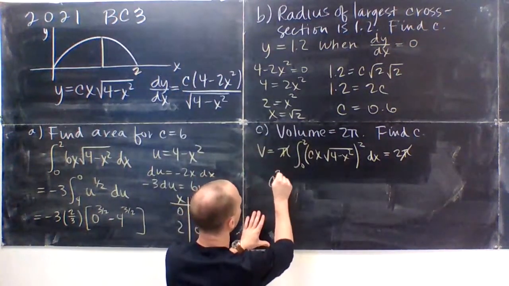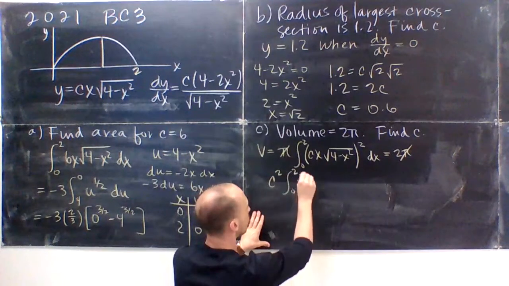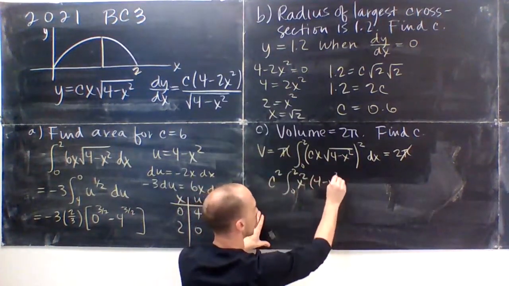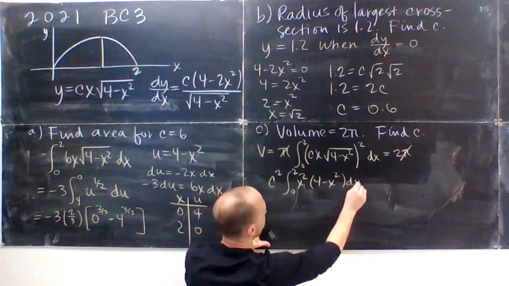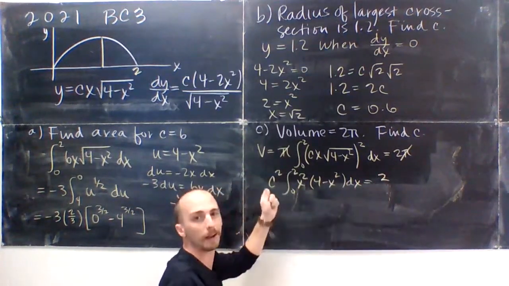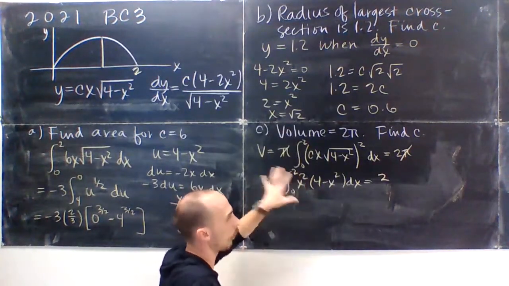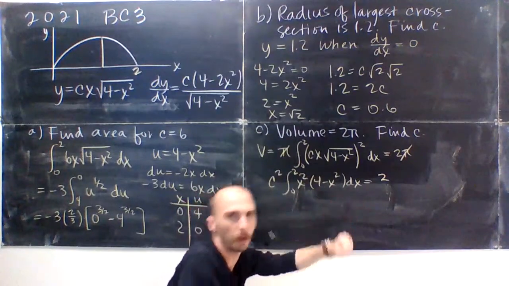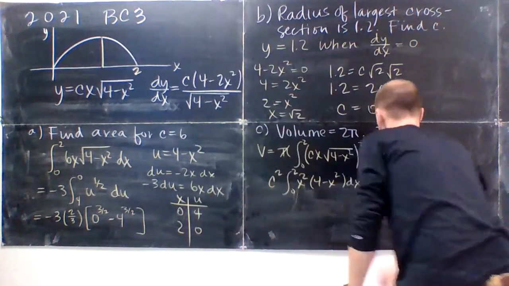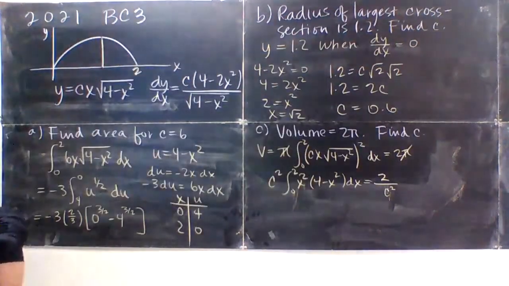So I'll have c squared times the integral from 0 to 2 of x squared, and then I square that square root, so I'll just get a 4 minus x squared here. And that's equal to 2. But I'm just going to start by dividing both sides by c squared just to get just this integral. I'll work on that, and then I'll figure out what c is after that. Okay? And I need to get rid of that because I just divided both sides by it.